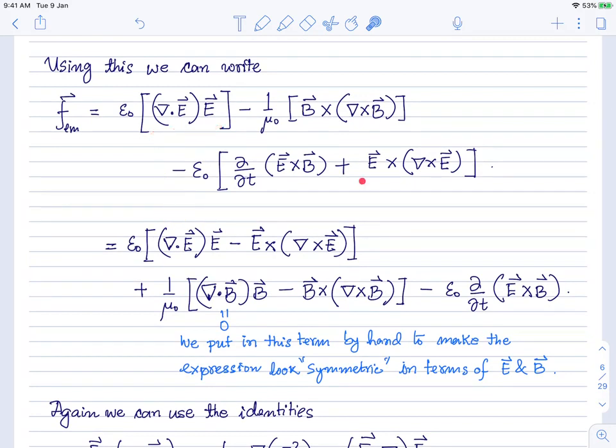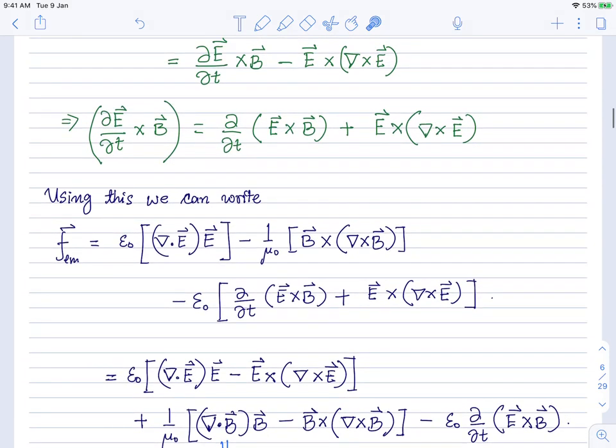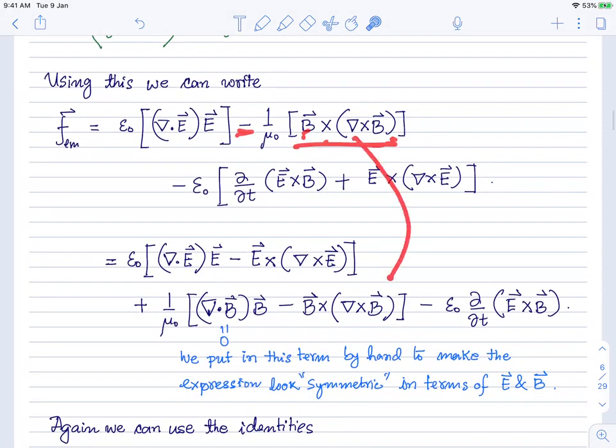For E cross B, I have taken the minus sign inside. And this was curl of B cross B, so I have flipped it and written it as B cross curl of B with the sign, which has the right sign.